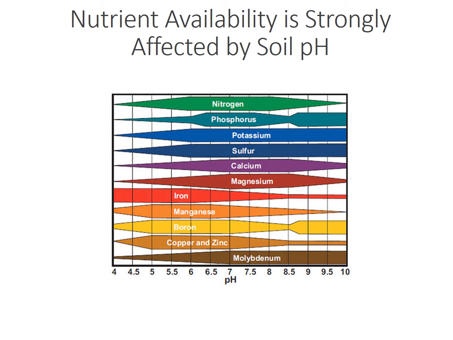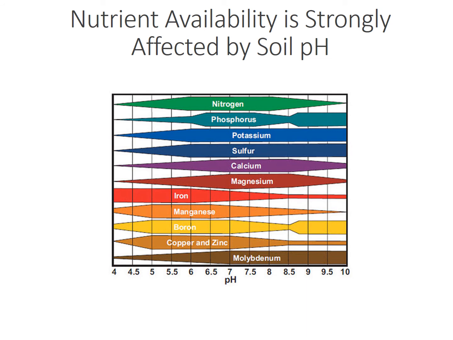If you look at the very bottom of the box, you see the band for molybdenum. And we can see that at low pHs, or acidic pHs of 4, 4.5, 5, molybdenum is not very available to the roots of plants.